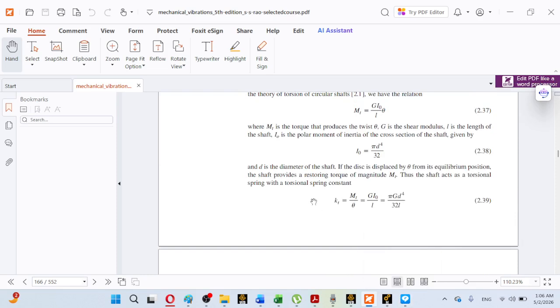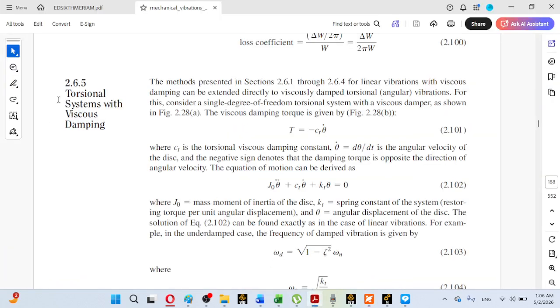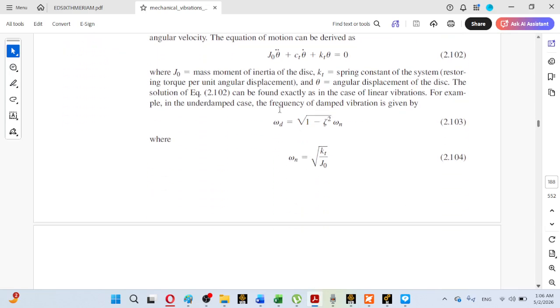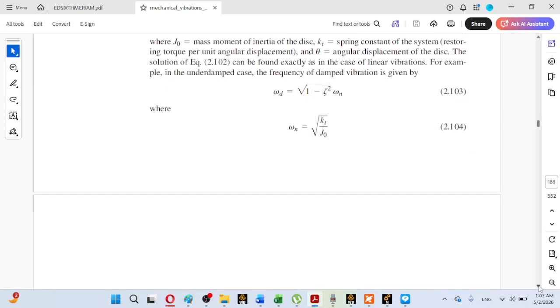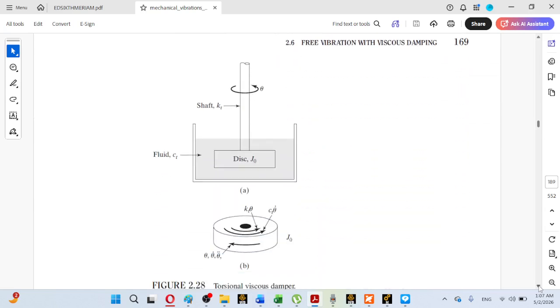Now for the current article, the article is 2.6.5, torsional system with viscous damping. We had actually learned these equations in the theory lecture, and we are familiar with their derivations. This was the damped frequency, this was the natural frequency. You can observe it here, and this was the schematic diagram.